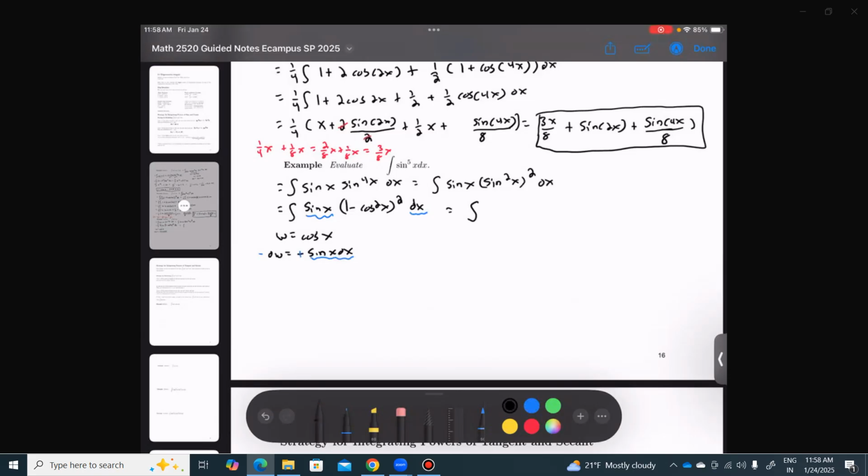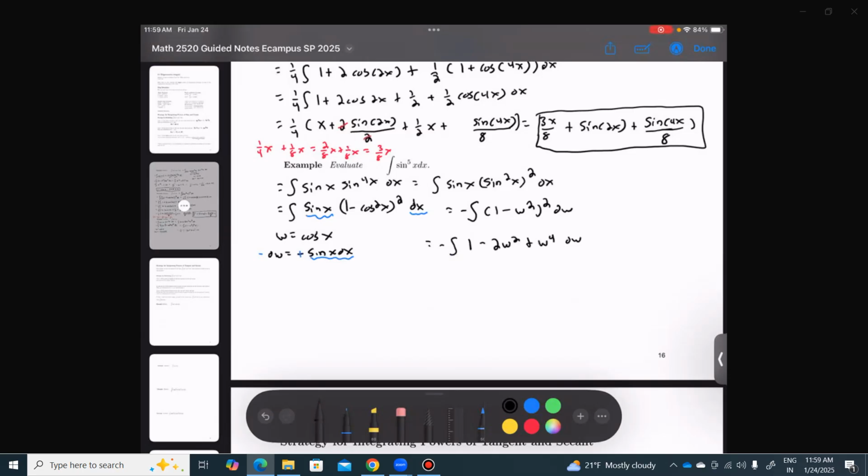So we'll put a negative on the outside. And 1 minus w squared, squared, dw. Okay, so we can FOIL this out. We get 1 minus 2w squared plus w to the fourth dw.